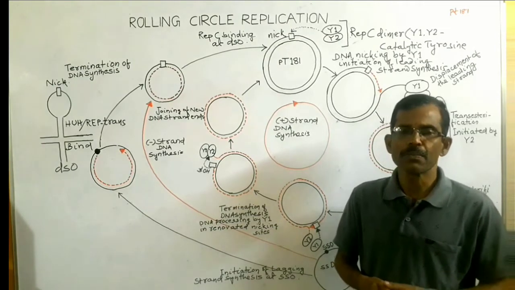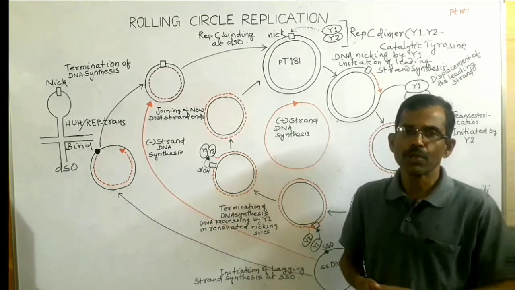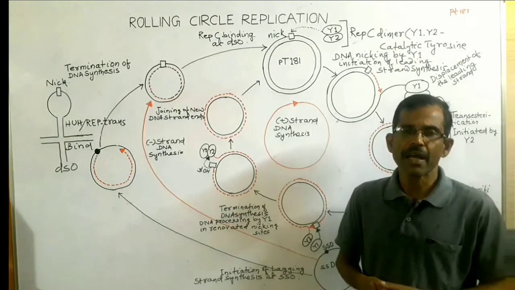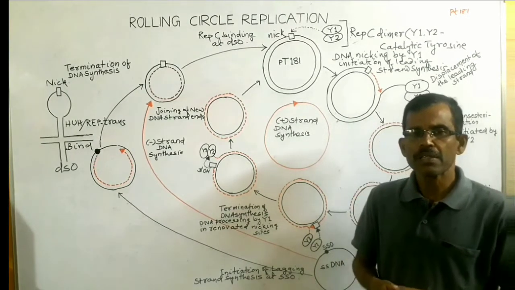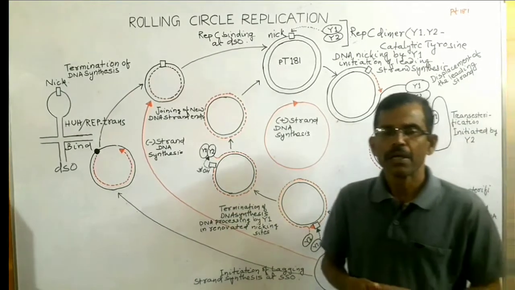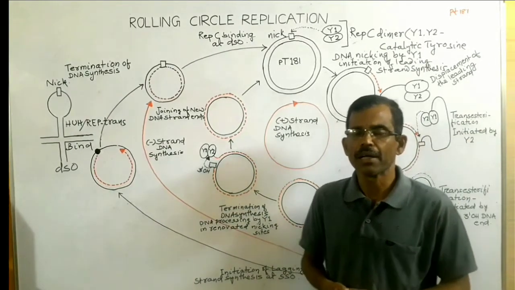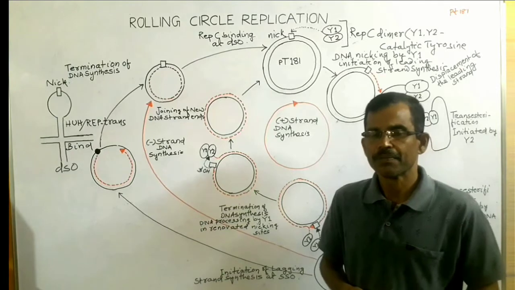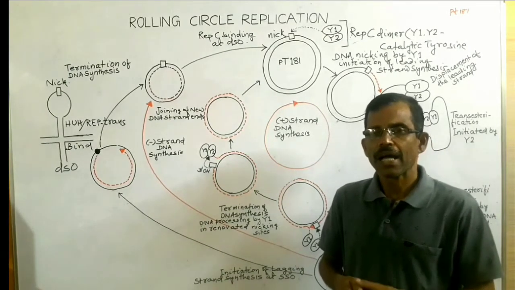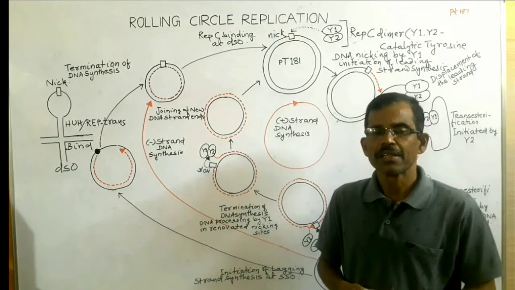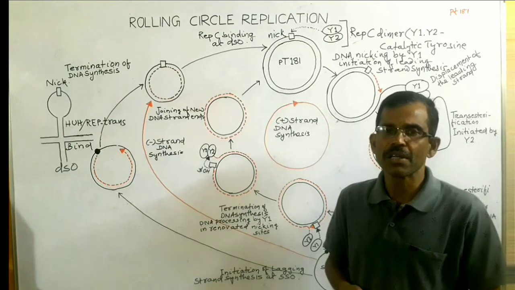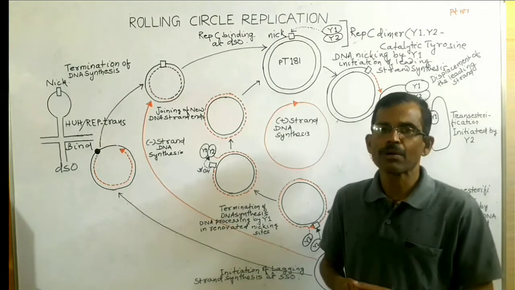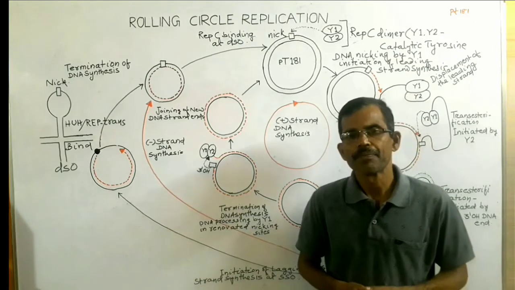Replication initiator protein interacts with both the nick site and the bind site. First of all, the replication initiator protein interacts non-covalently with the bind site. After this, the exposed nick site is cleaved by the initiator protein, thereby releasing the 3' end of the DNA.